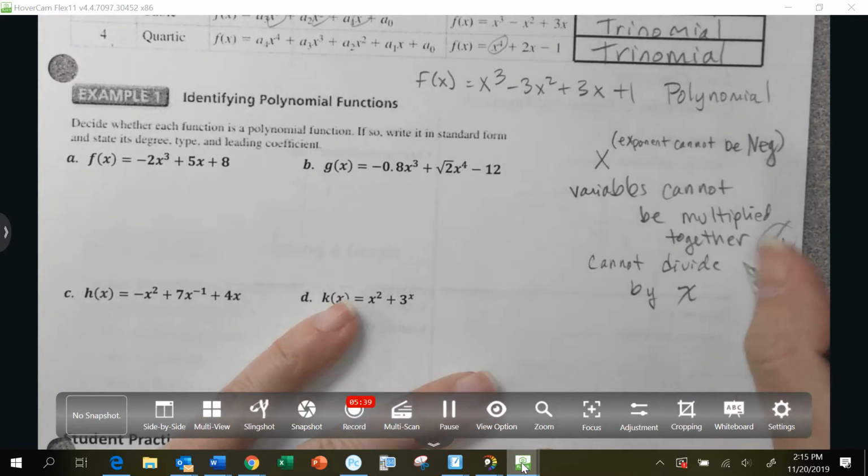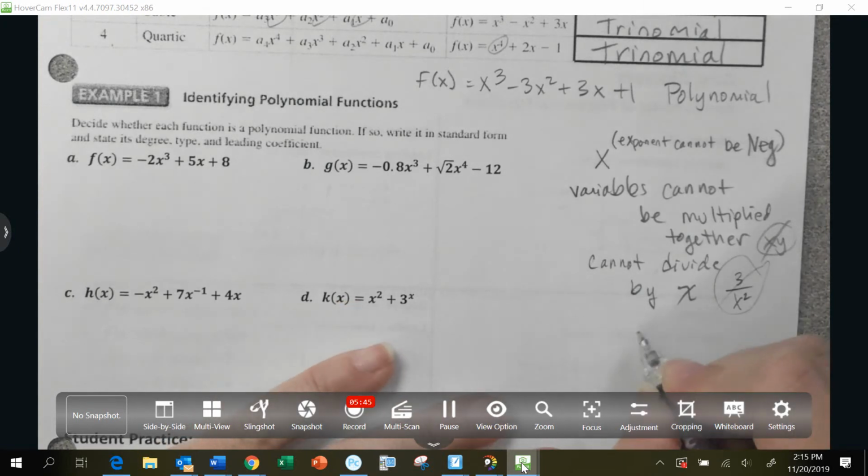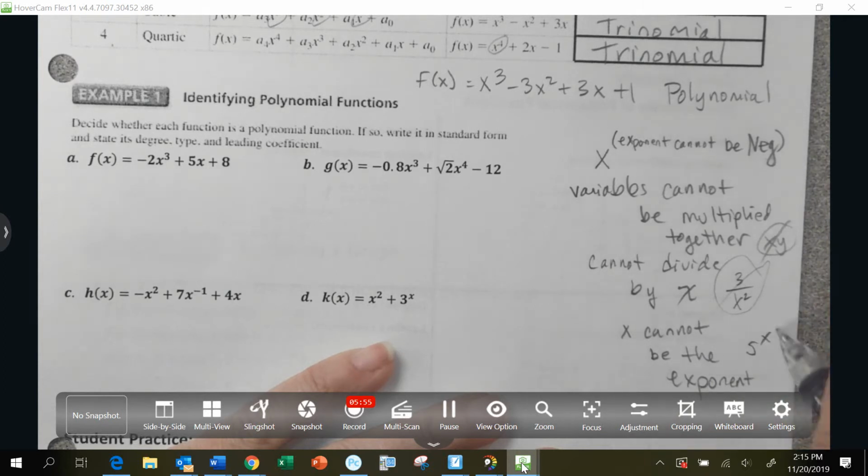So we can't have like 3 over x squared. That would not be a polynomial. X cannot be the exponent. So like 5 to the x. That would make that not a polynomial. If I think of any others, I'll let you know, but I think that's all I can think of right this second.